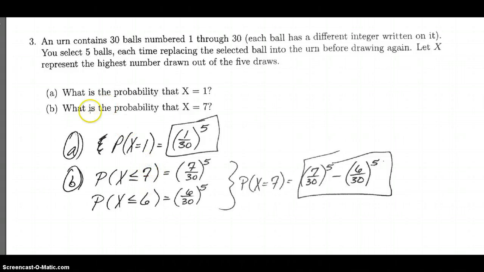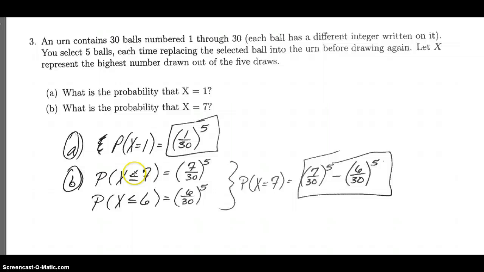And the problem with that is, in order for x to equal 7, we do need to get at least one 7 in there. We also can't just take one of the 7s and say 1/30th and then the rest 6/30ths, because we might have more than one 7. And we can't just take 1/30th times 7/30ths to the 4th. We can't just say, okay, let this be our 7 and then get 4 other balls that could be 7 or not, because that's going to include duplicates.